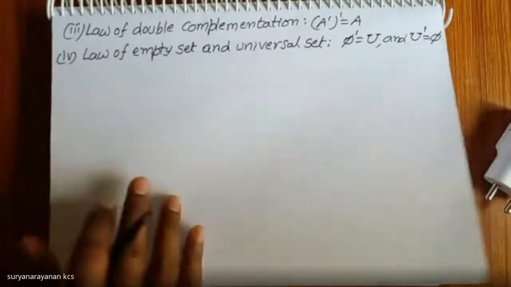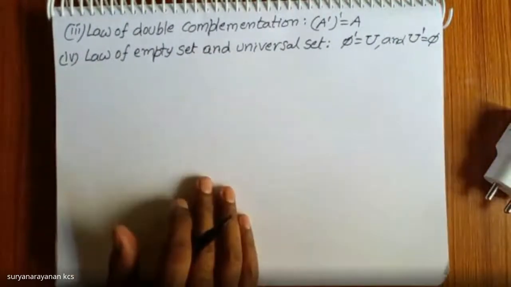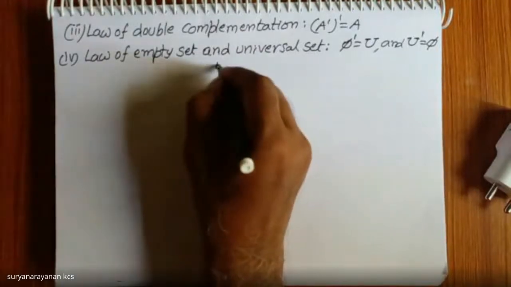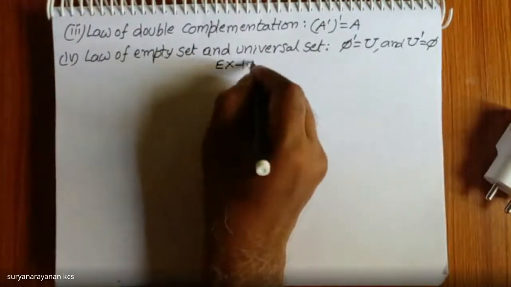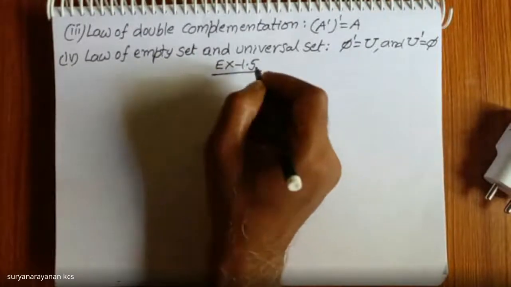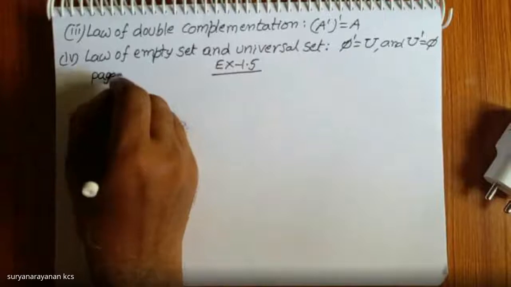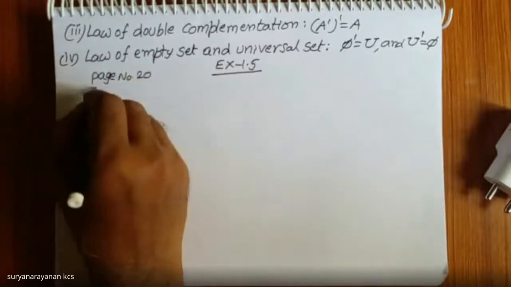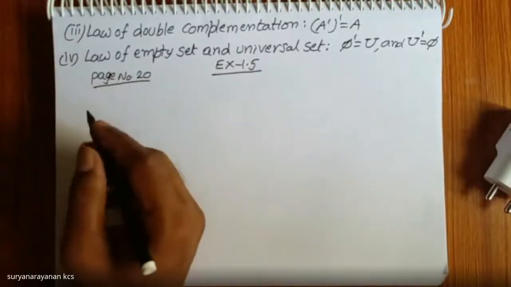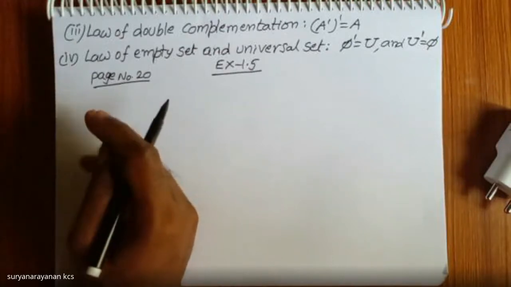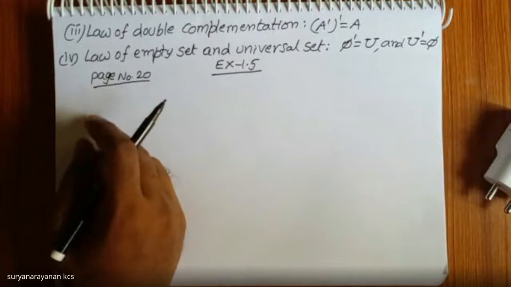Okay, my dear children. Now let us start the sums in exercise 1.5. All of you open page number 20. All of you read this formula and tell me the formula, my dear children.